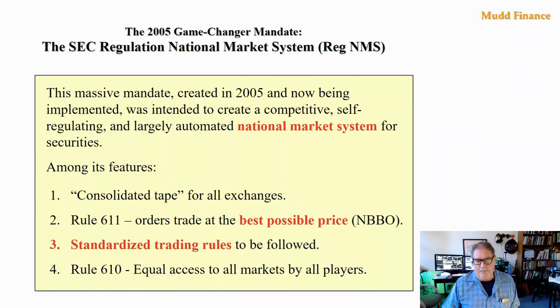Rule 611 said that this system has to be designed such that the orders trade at the best possible price, and that was at the time defined to be the NBBO system. And what that means really mostly is if you submit a market order, whoever you submit it to is supposed to make sure that you get it if you're trying to buy something at best ask, and if you're trying to sell something at best bid.